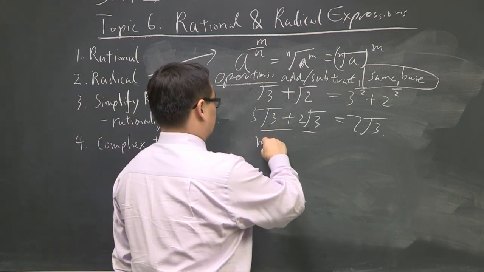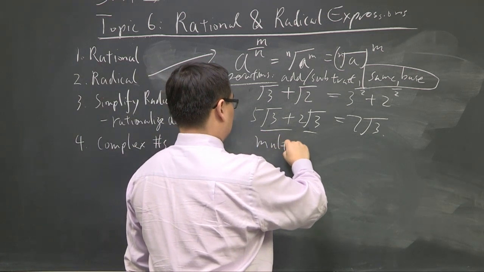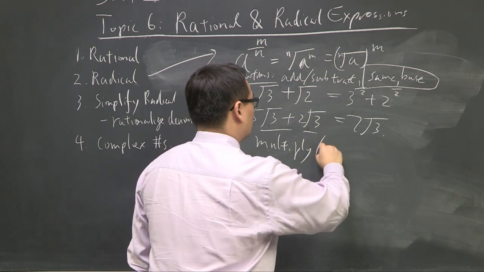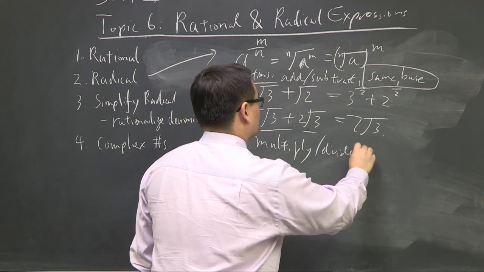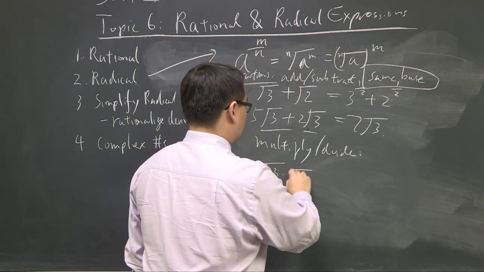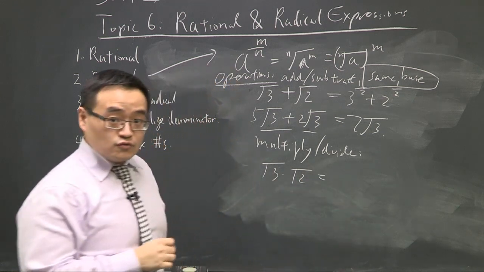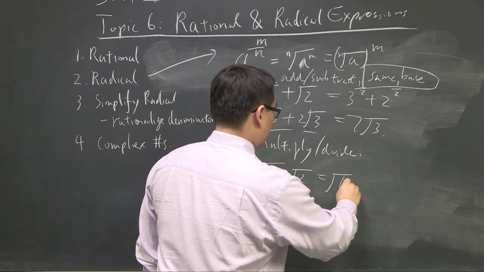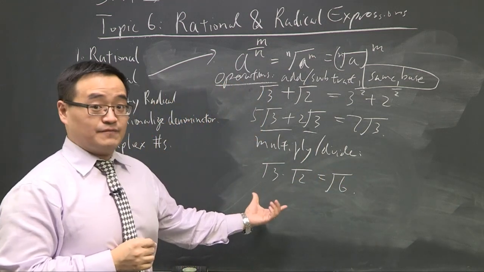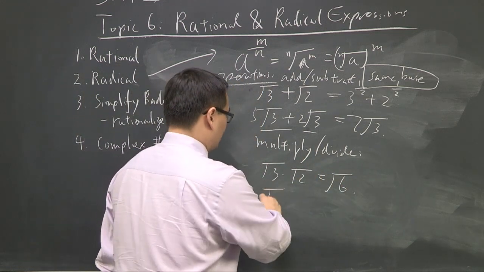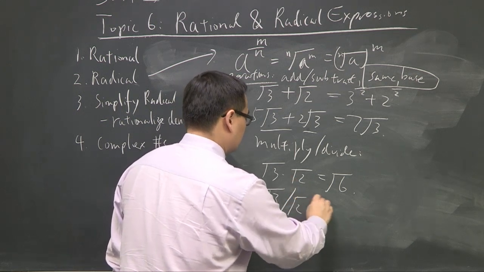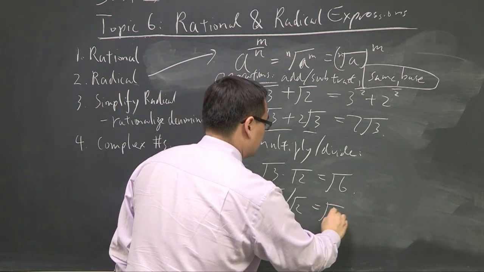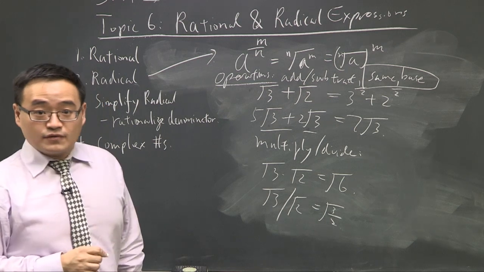Multiplication is a lot easier. If you want to multiply or divide, radical 3 times radical 2 will simply be equal to radical 6, right? You just multiply what's in there. Same thing if you want to do radical 3 divided by radical 2, it would just be radical 3 over 2. Right?